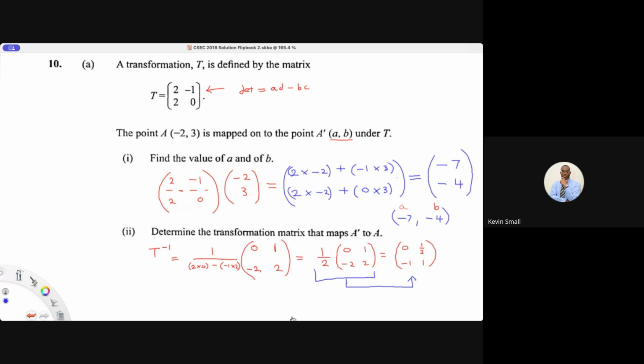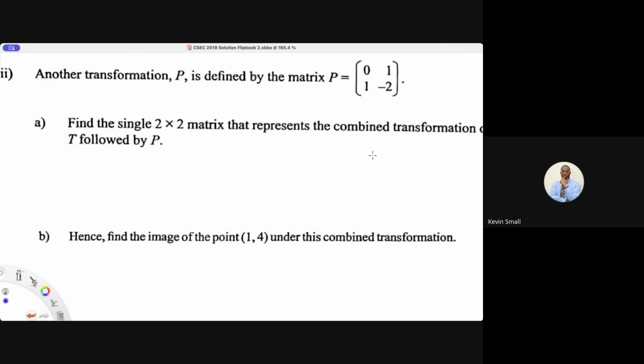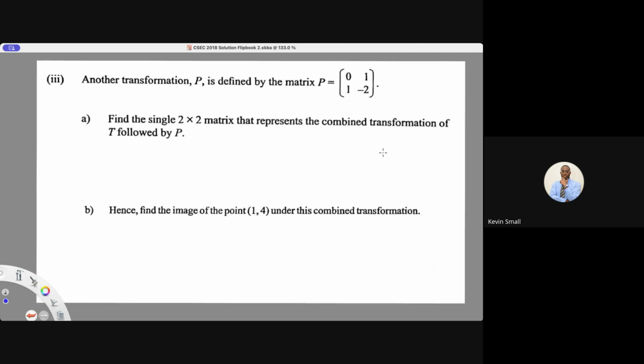Now, the next question. Find the single matrix that represents. So this is another question. It gives you another transformation P, which is 0, 1, 1, negative 2.